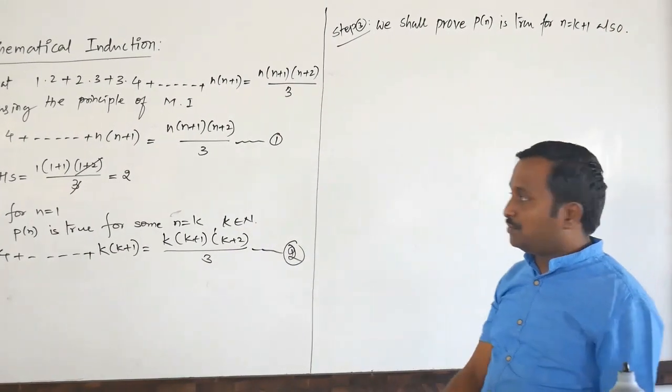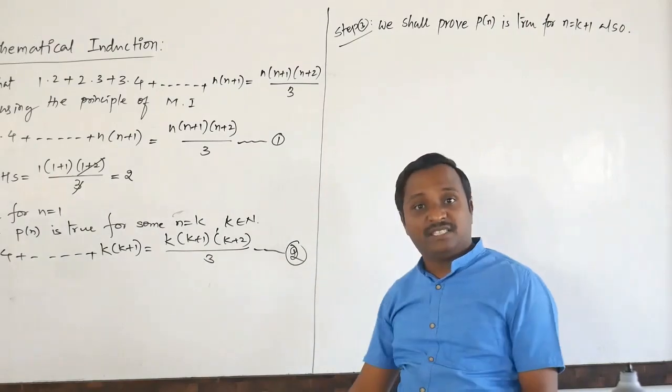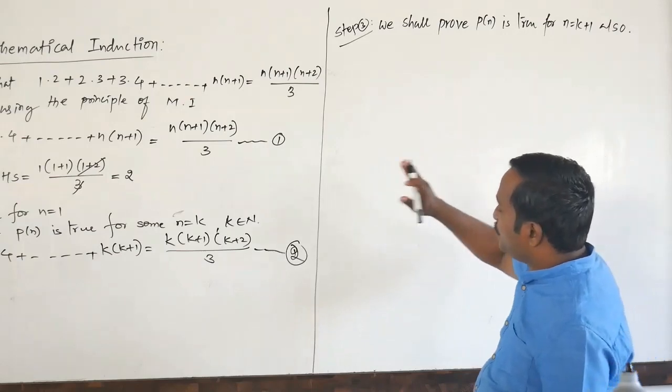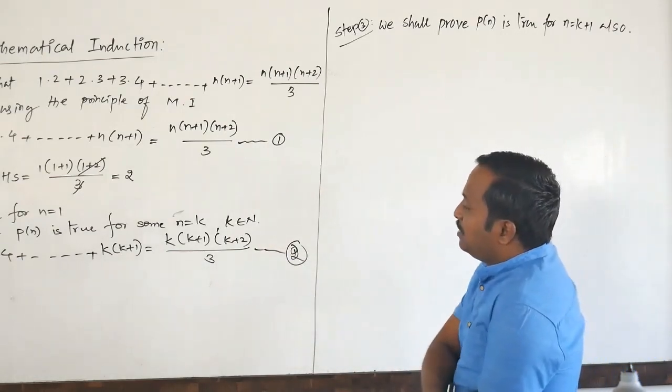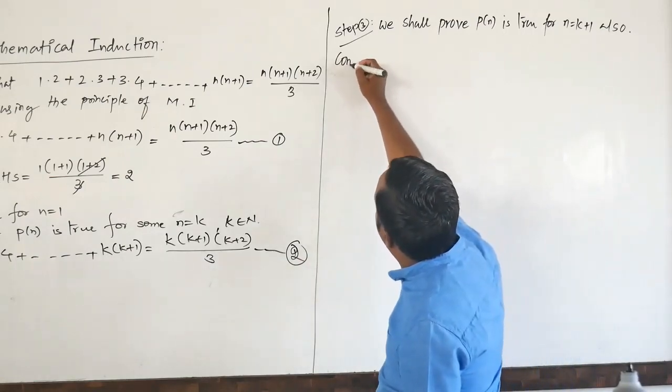Step 3 is very important, as I said repeatedly in the last class. So observe: we have to show that this is true for n equal to k plus 1 also. Just look at this, so consider only.